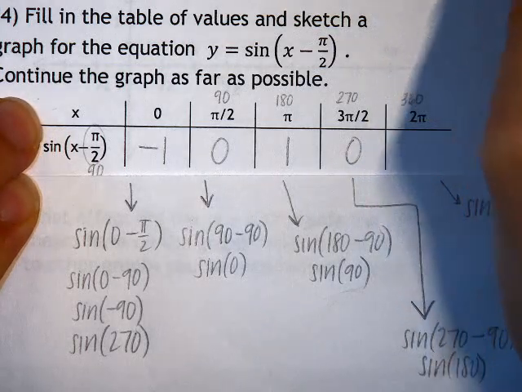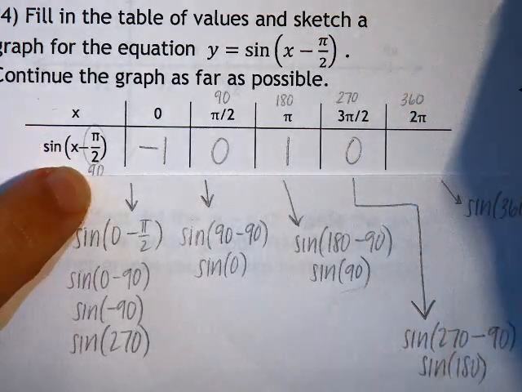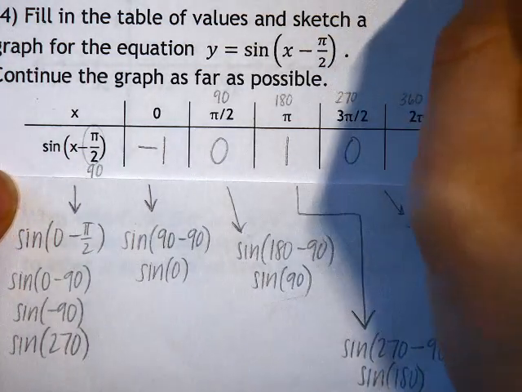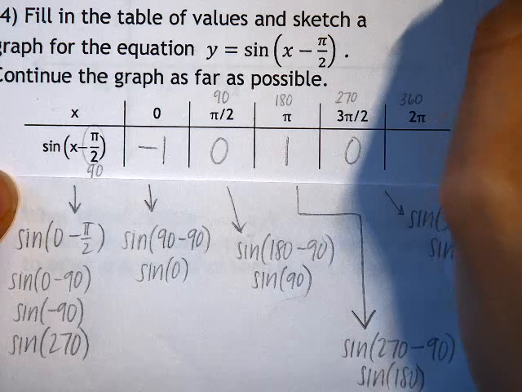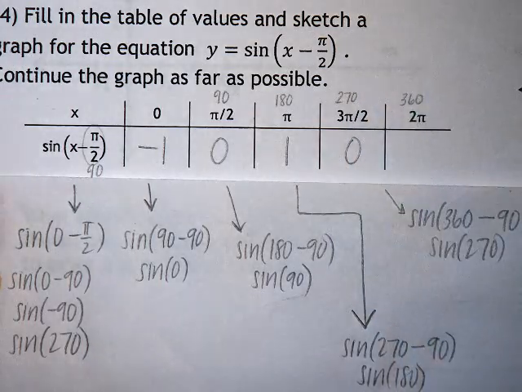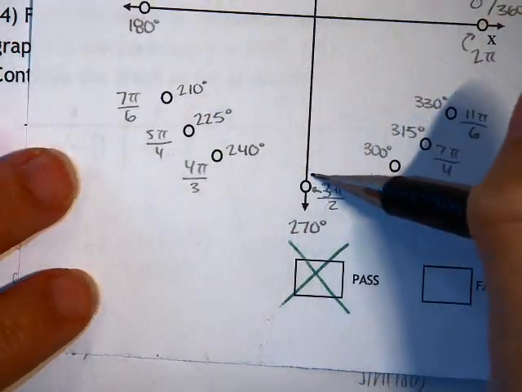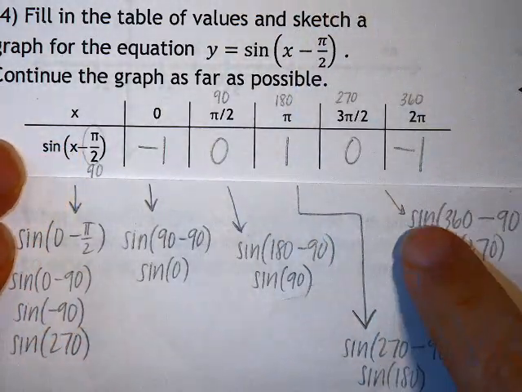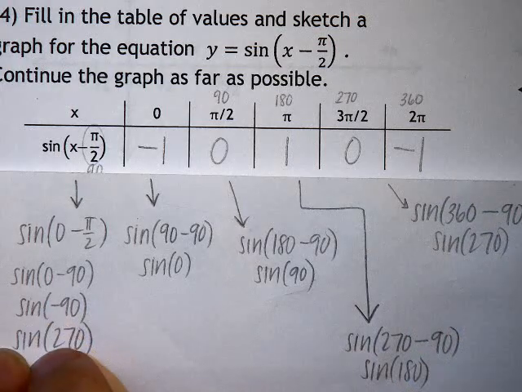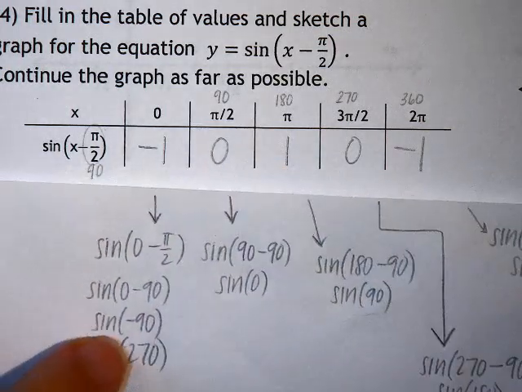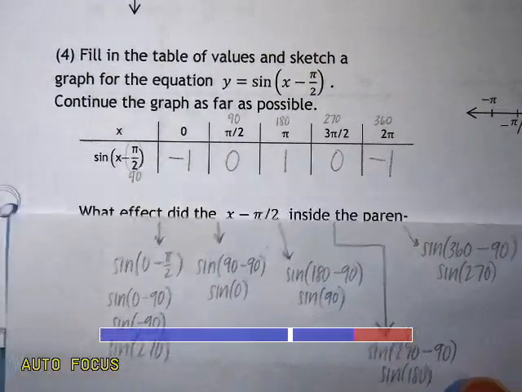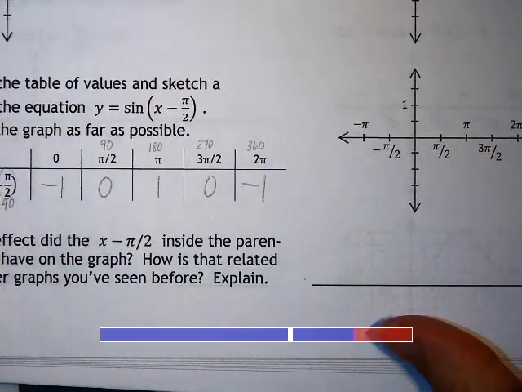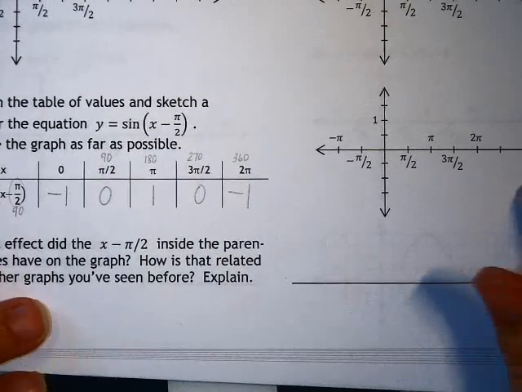So sine of 360 minus 90, because that was part of the original equation again. And 360 minus 90 is 270. So sine of 270 on my circle is down here at the bottom, negative 1. Which I probably should have realized was the same because I already did sine 270 from the very beginning. So now I have all of my points. Now I can make the graph. So using my table data, I'm going to plot the points quickly on my graph so I can visualize.